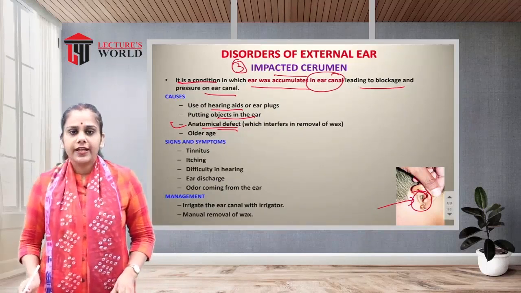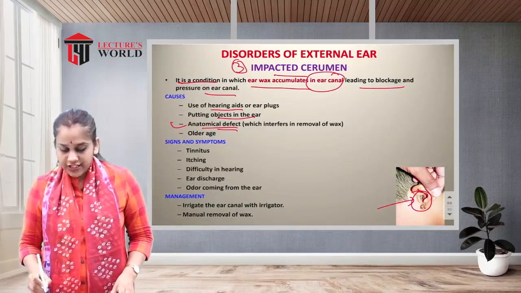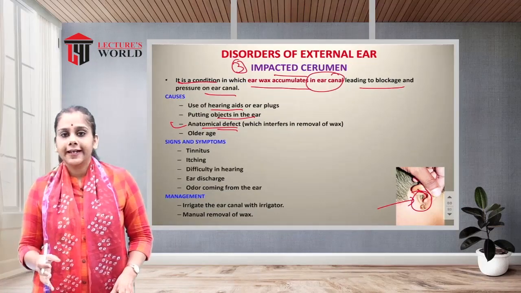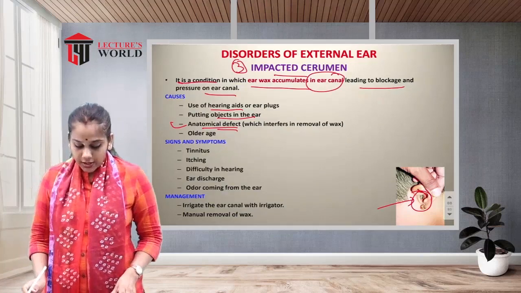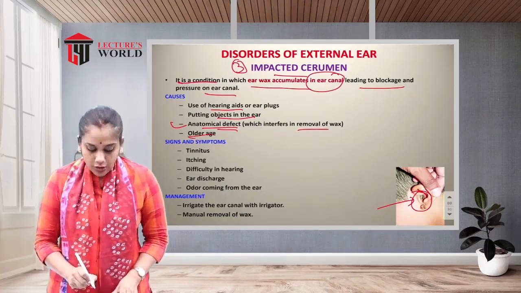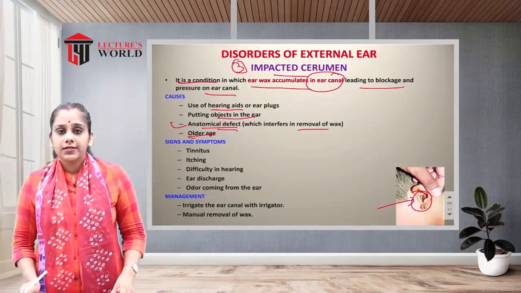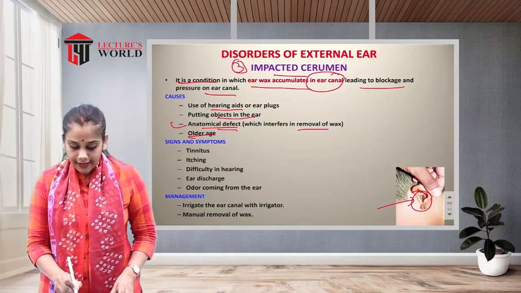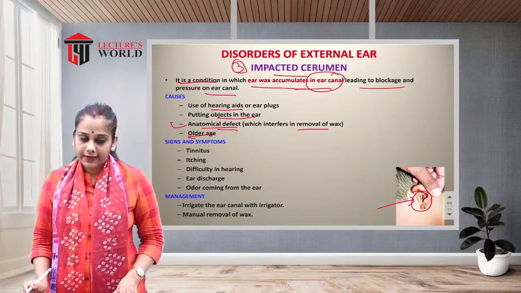Anatomical defect: if there is any anatomical defect in the shape or size of the auditory canal, that can cause accumulation of the wax.